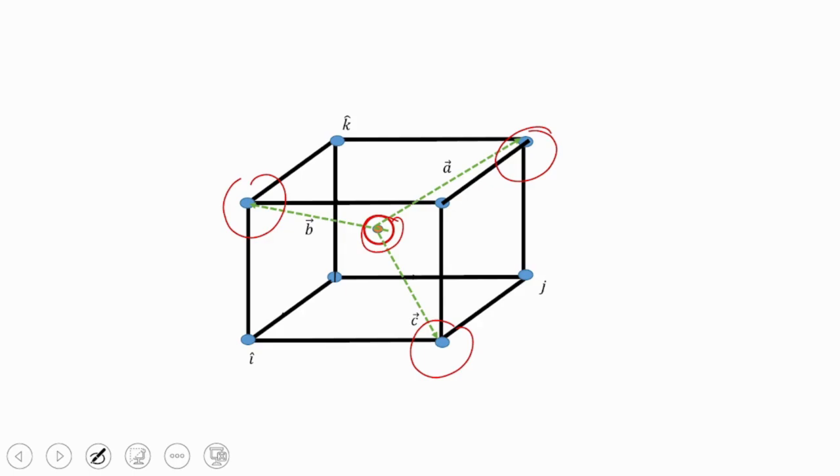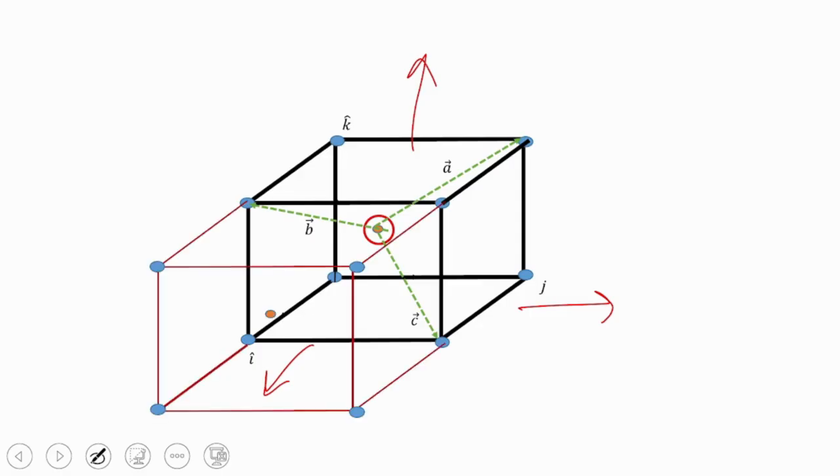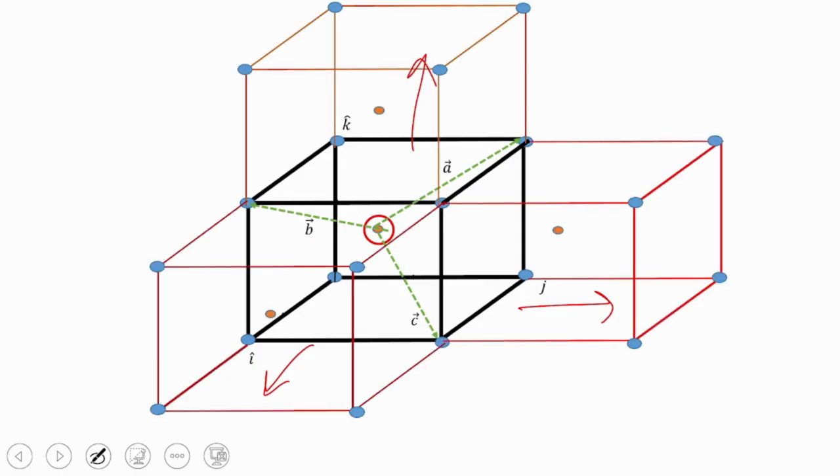Now to complete the remaining 3 faces, we need to construct additional unit cells. So I extend the construction by drawing 3 more unit cells, one along the x-axis, second along the y-axis and one along the z-axis like this.